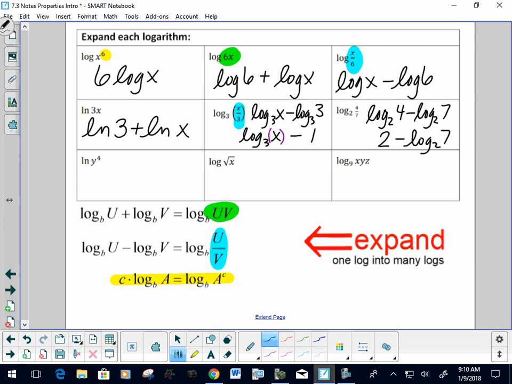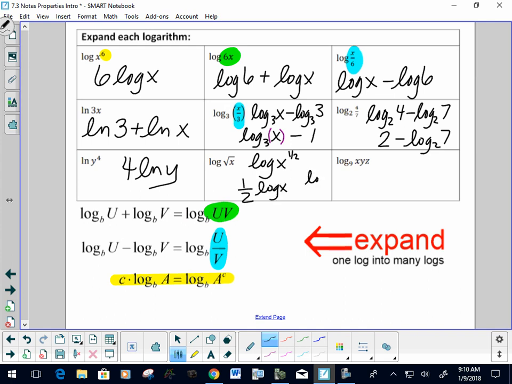This next one down has a power. We're going to bring that power down as a coefficient. So this is 4 times the natural log of y. This one, the log of the square root of x, remember that that square root can be written as a half power. So we would say that this is 1/2 the log of x.